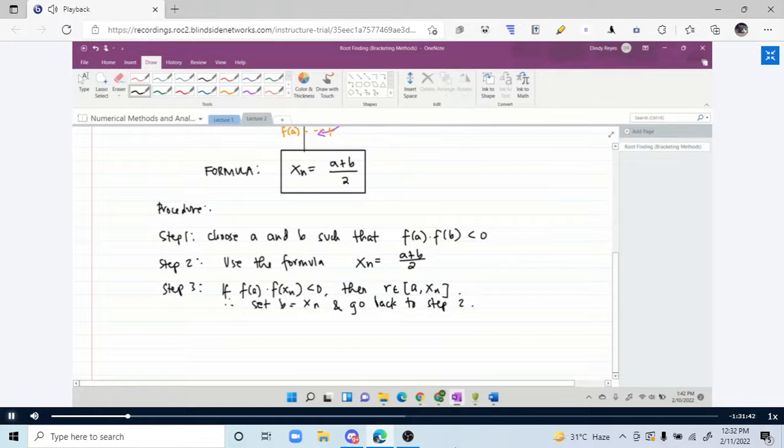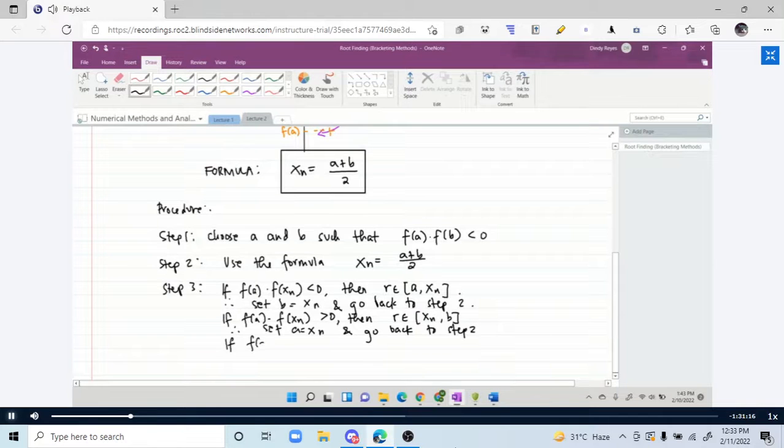Repeat the procedure. Okay? Now, if it happens that f of A times f of x sub n is greater than 0, then we are sure that R is contained in the interval from x sub n to B. Okay, therefore set A equal to x sub n and go back to step 2.